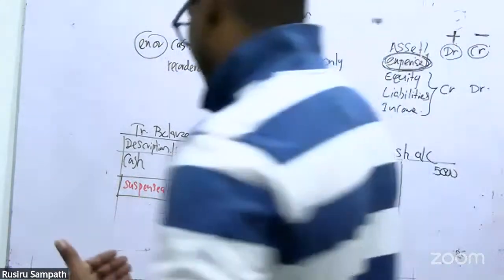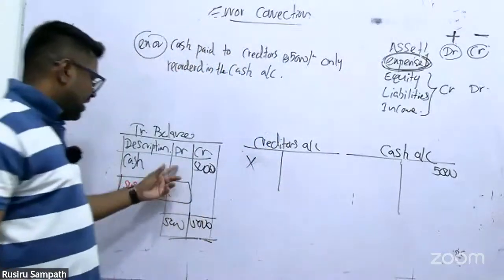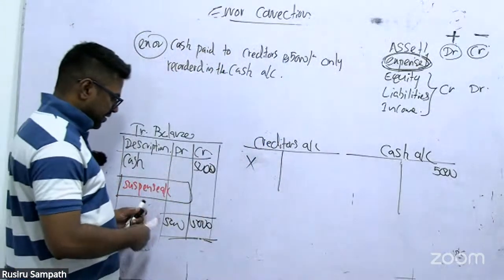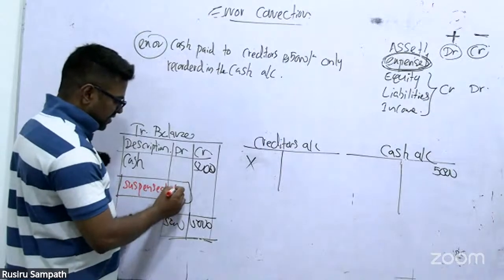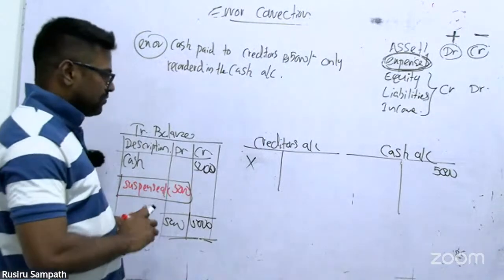Now a difference of 5,000 is created on the debit side.